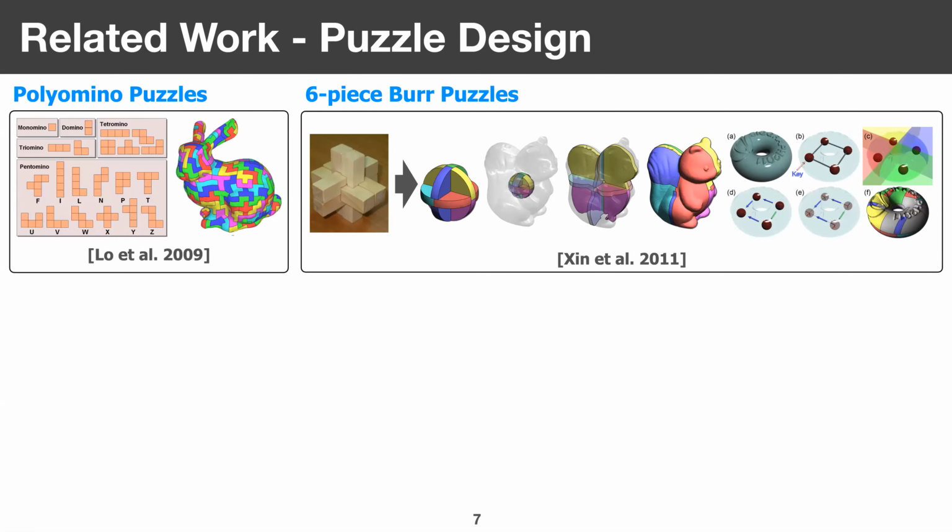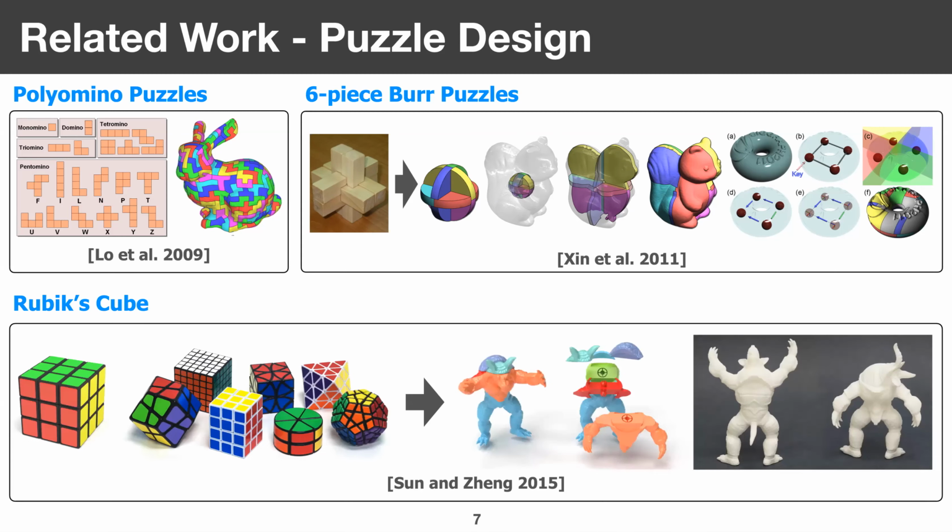The 6-piece bar puzzle is a type of interlocking puzzle, which has simple geometric shapes. Yu et al. generalized it to arbitrary 3D shapes by embedding the core mechanism into the 3D models. Similarly, Sun and Chen generalized Rubik's Cube to more complex shapes.